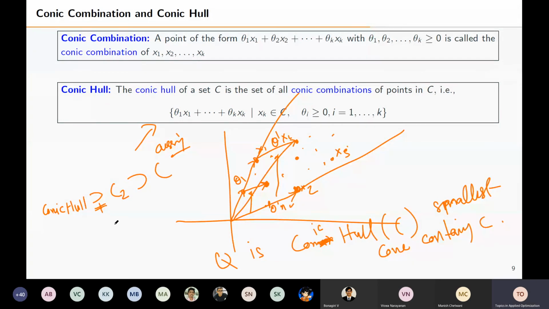The question is: does there exist a cone that contains the set C, but is a proper subset of the conic hull?